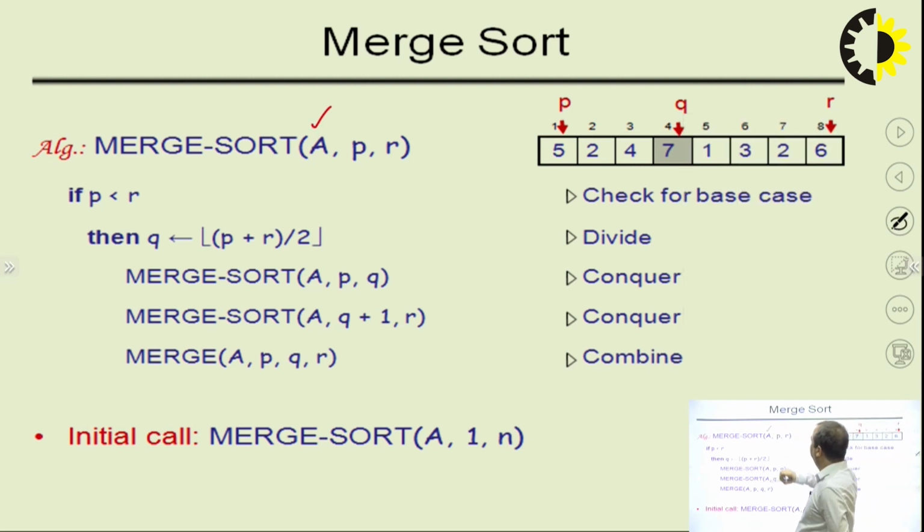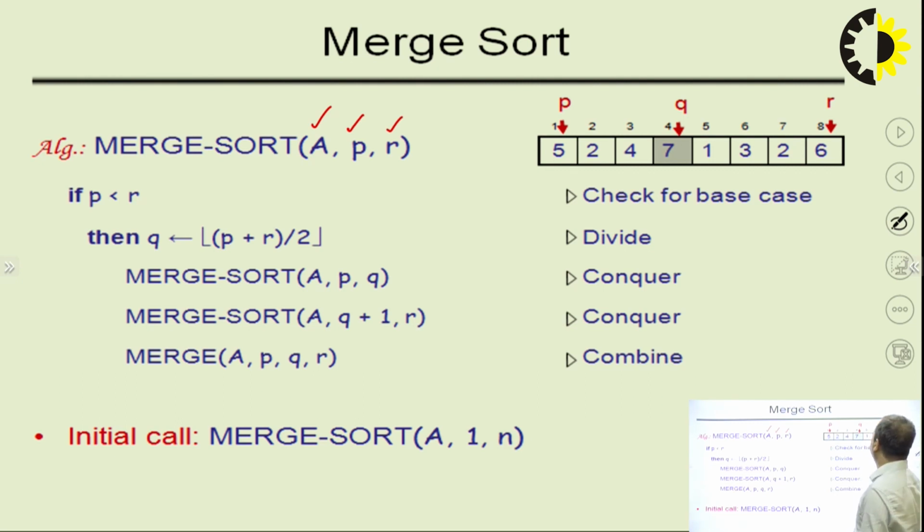This is the beginning index, and this is the last. Like here P is 1, R is 8. Means we have 8 elements. We are going to solve using merge sort, and the approach should be divide and conquer.